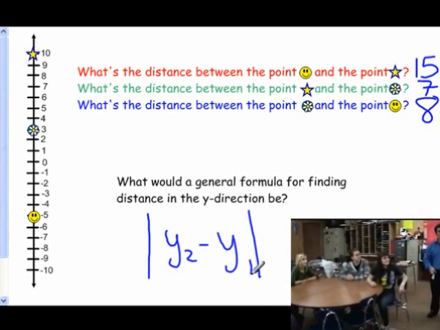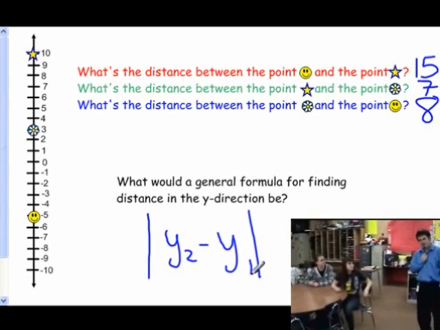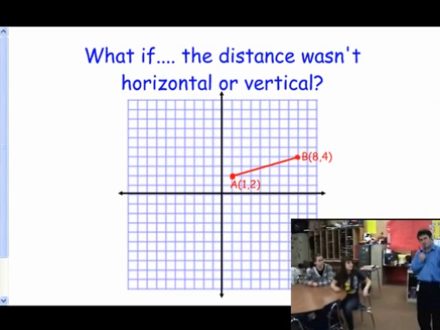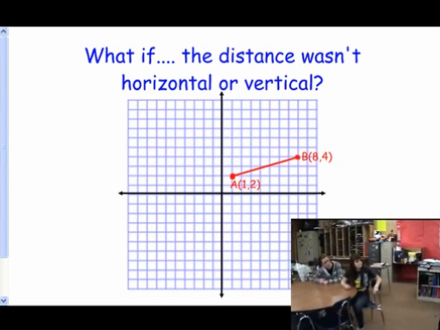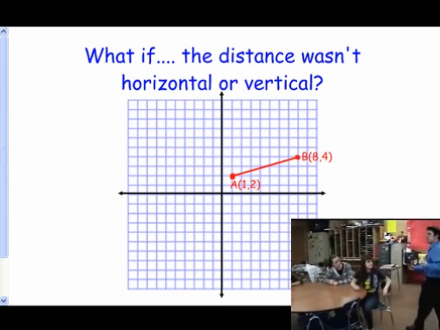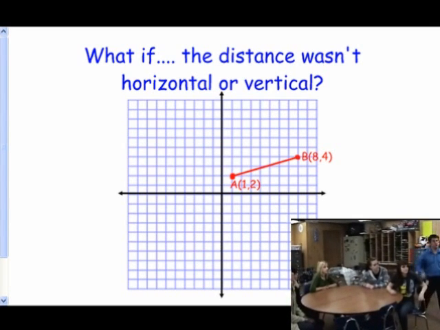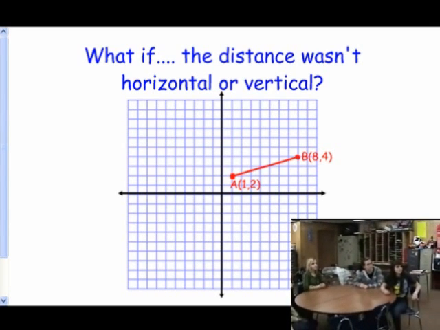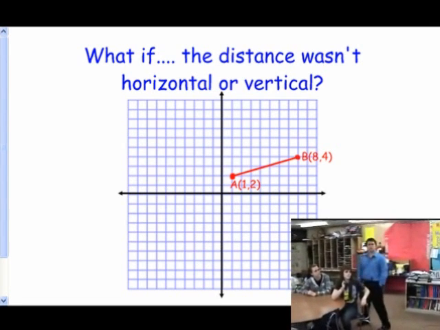Okay. So if I wanted a formula that works all the time for the y direction, what would that look like then? Absolute value of the difference of the y's. Same thing for the x's that we just came up with. Okay. Question being now, what about not horizontal, not vertical?